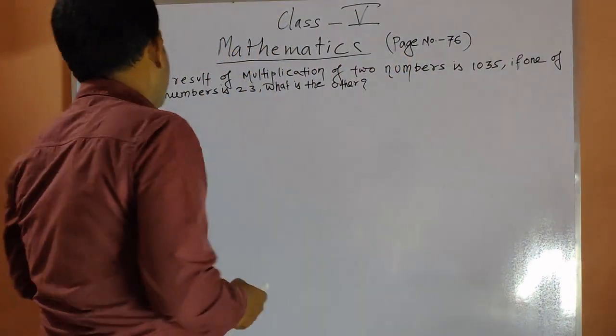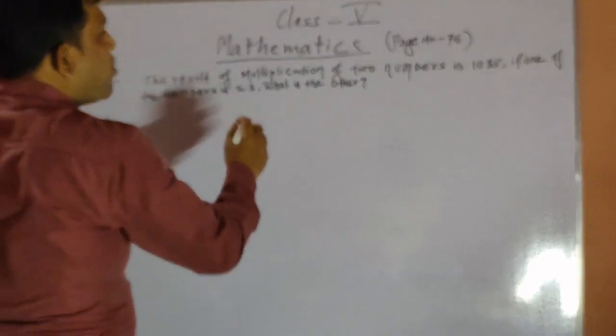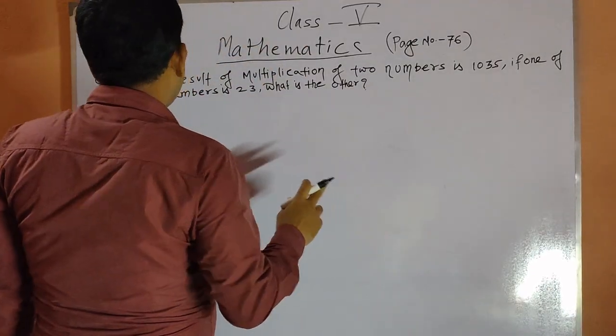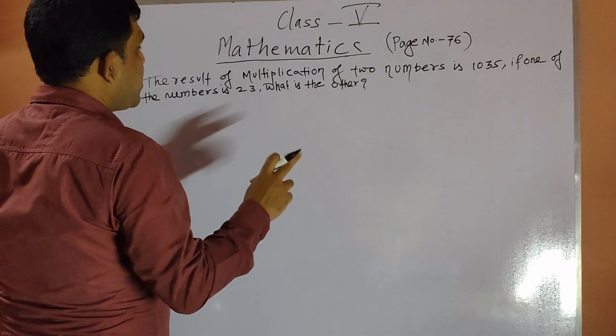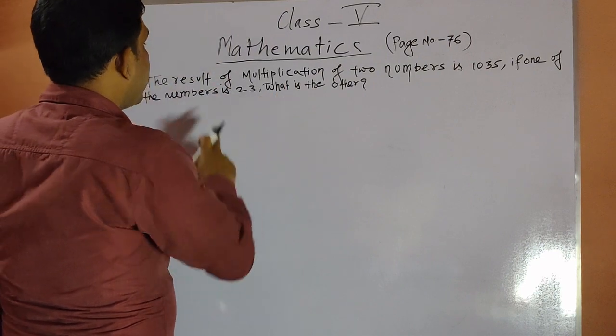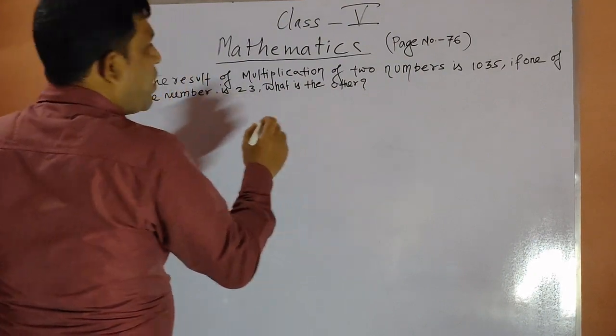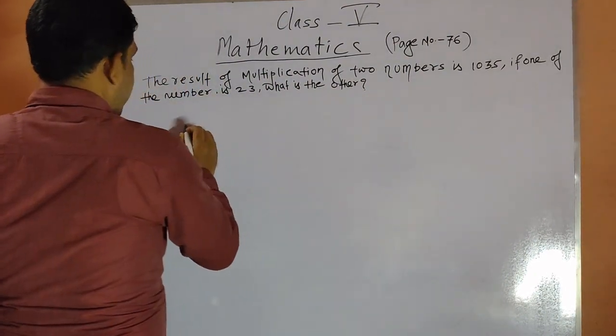Here is question number 1. The result of multiplication of two numbers is 1035. If one of the numbers is 23, what is the other? Write the number.